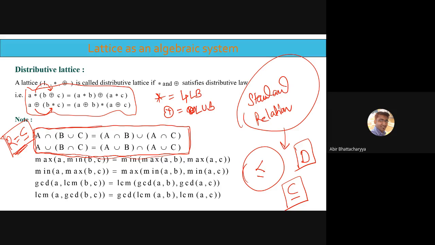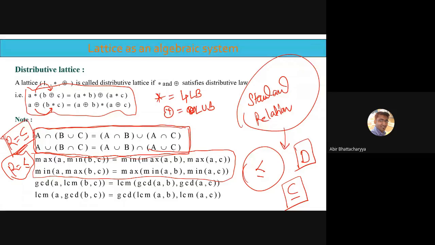You may ask me, sir, how does it hold true? You can check it by using a Venn diagram. Note it down, because you don't need to prove it in the exam.